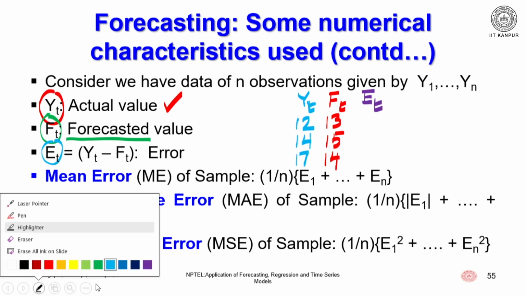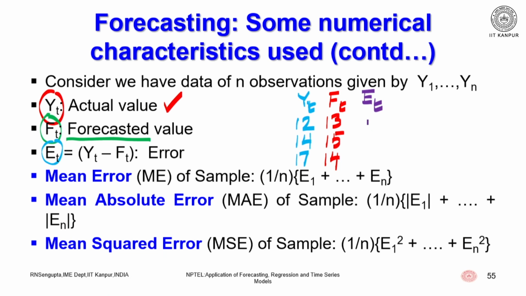So, the values of the errors would be given as 12 minus 13 is equal to minus 1. Next one will be correspondingly 14 minus 15 is minus 1. Third one is 17 minus 14 is plus 3. So, when I consider the mean error, it basically means the sum of all the errors divided by the number of readings.